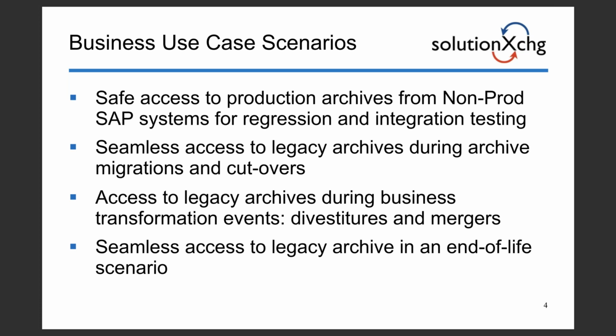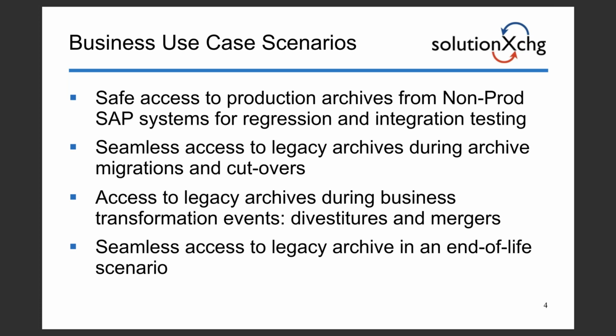It supports access to legacy archives during business transformation events like divestitures or mergers, where you have archives from two different companies but want to access them from one system, maybe not even merge those archives and copy the data, but just continue for at least a certain period of time to manage those two archives simultaneously.